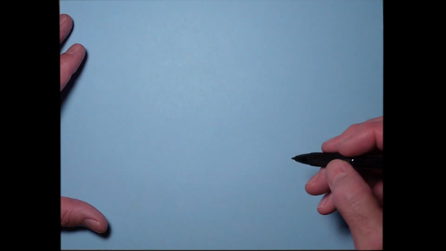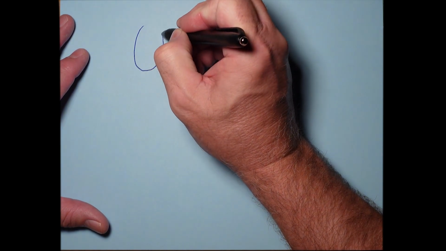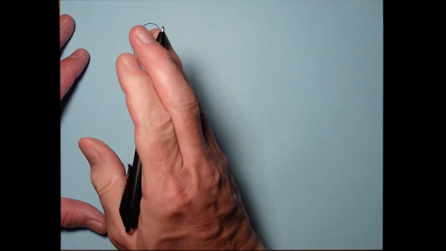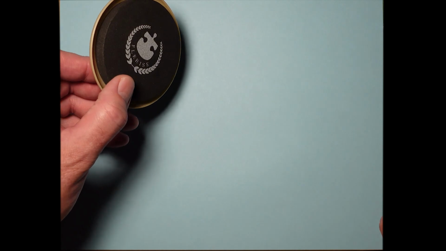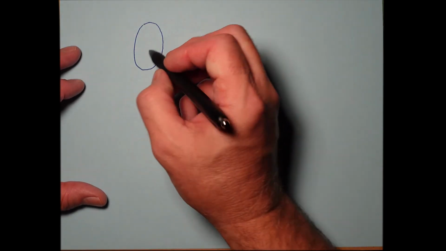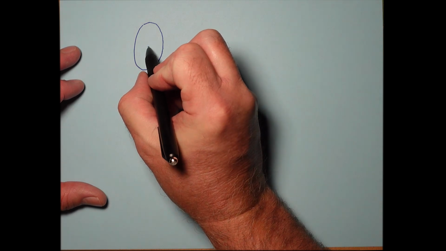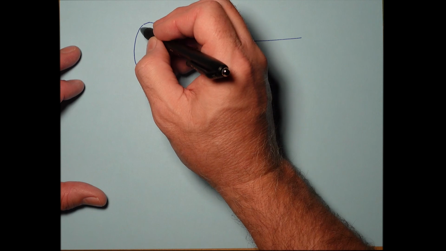Let's say I have a ring of charge. Here's a ring. We're looking at it not face on, but sort of from the edge, kind of obliquely. Let's say this is the center, and we'll draw a line out that way.